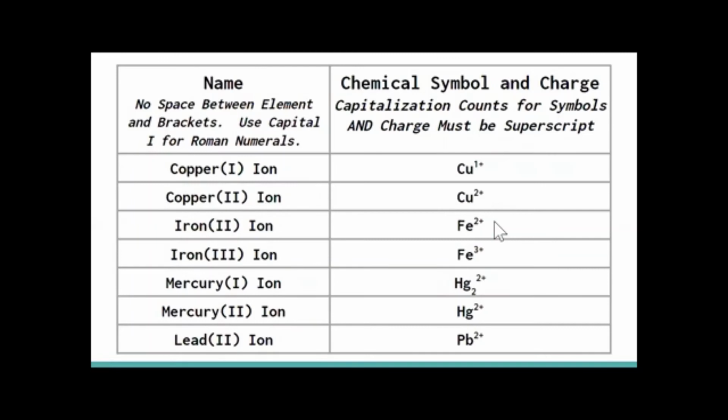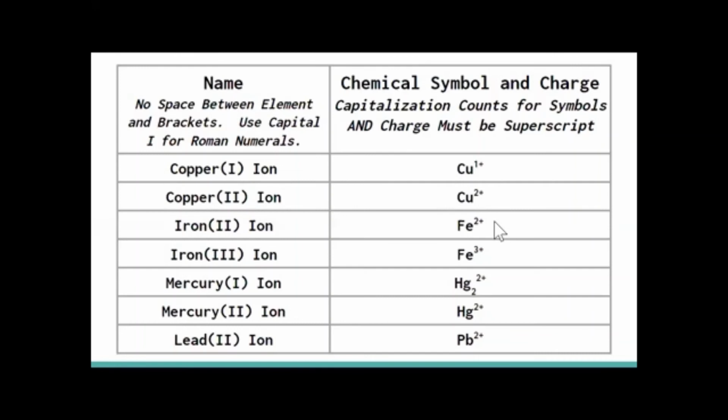The information in the brackets are Roman numerals, and you're using capital I's or capital V's, not lowercase l's. They are different, so you must use capital I's. Other than the Roman numerals, it does not matter whether names are capitalized or not.